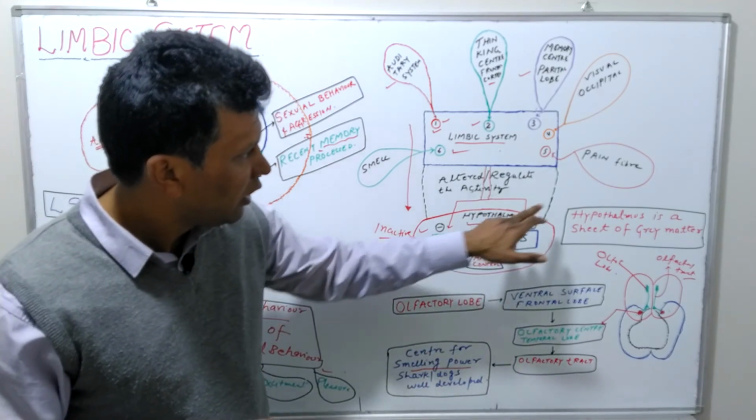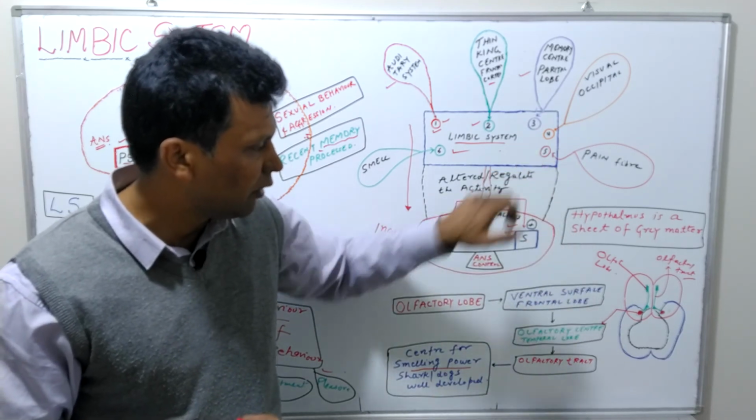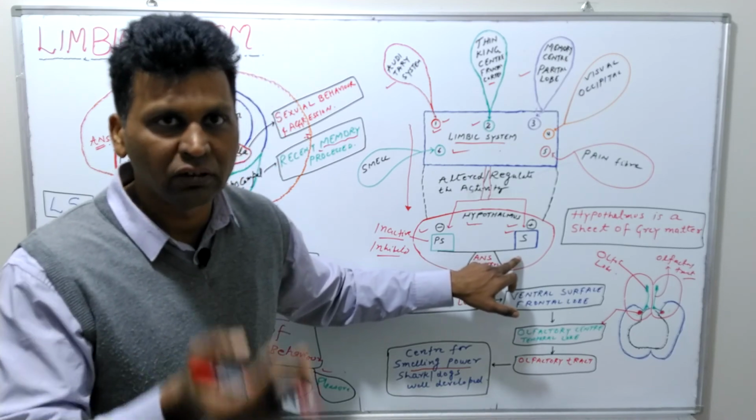For example, if something is going to bite you, then the pain fiber will come, and it will realize that your sympathetic nervous system goes up.